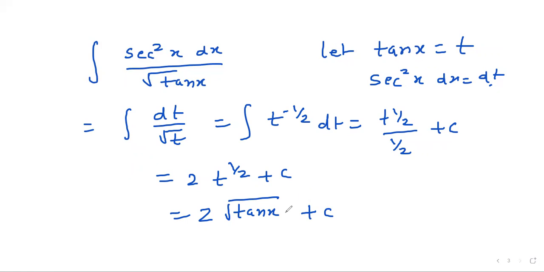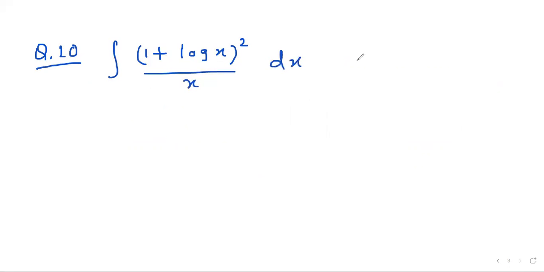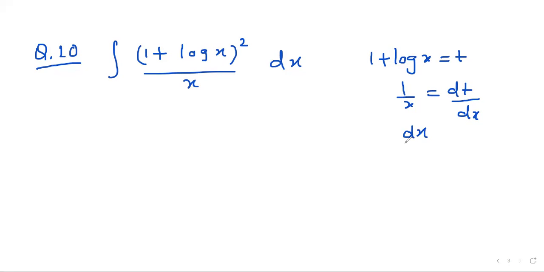And question number 10. Question number 10 is integration (1 plus log x) whole square divided by x dx. Let 1 plus log x equal to t. We differentiate it. 1 upon x equal to dt upon dx, or dx upon x equal to dt.